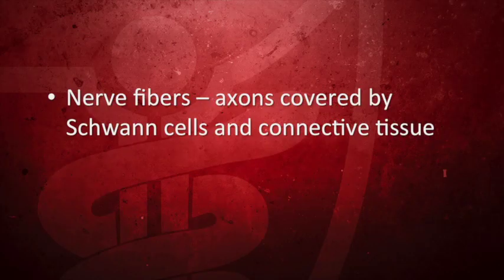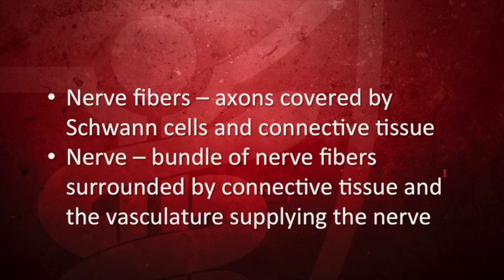Axons covered by Schwann cells and connective tissue that separates them from other axons are referred to as nerve fibers. A nerve is a bundle of nerve fibers surrounded by connective tissue and the vasculature supplying the nerve.